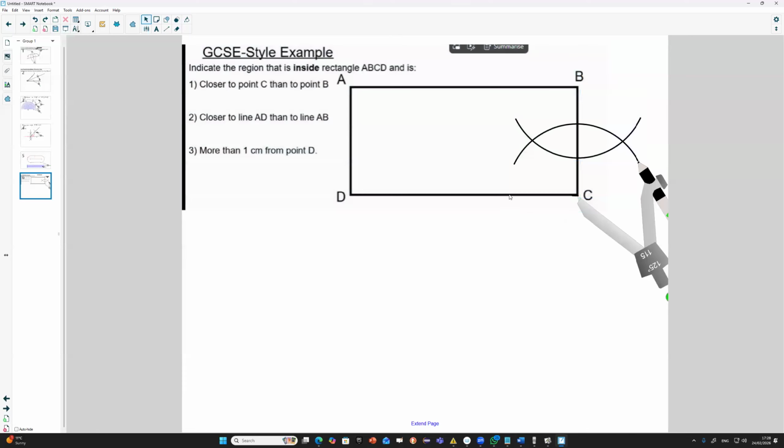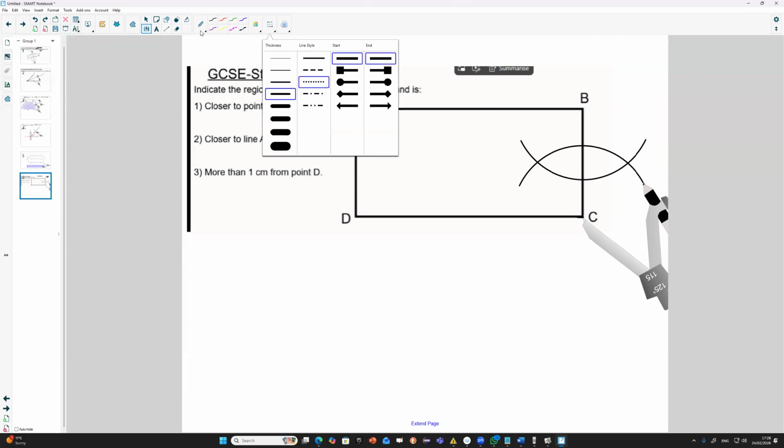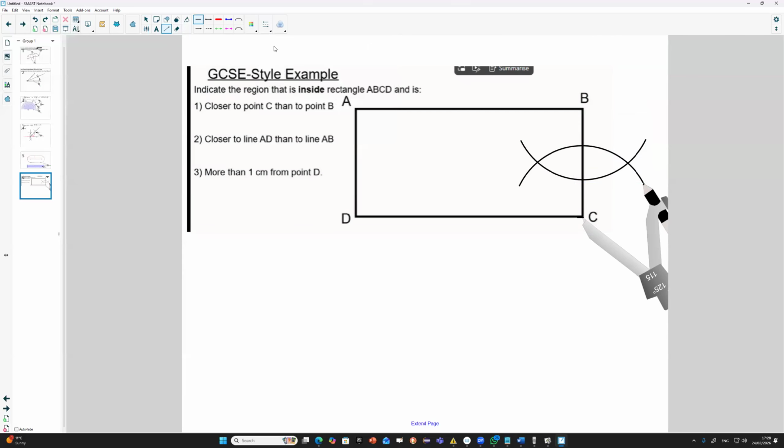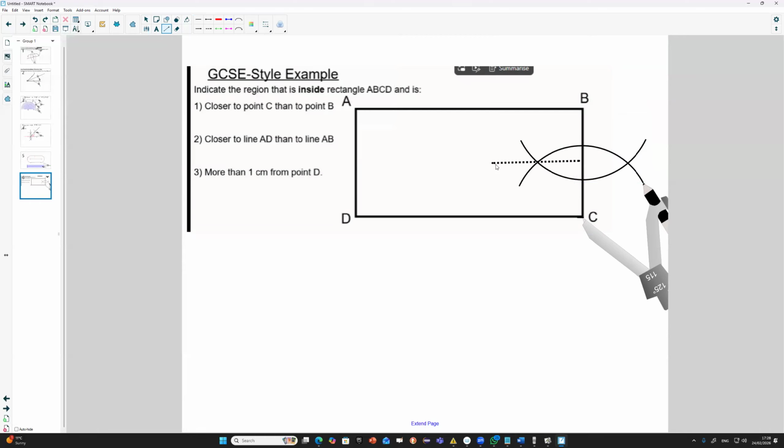Then what we do, and really, if it's closer to point C, it should be a dotted line. So if it's closer, there should be a dotted one. Dotted lines I want on that. Right. Okay, does that make sense?